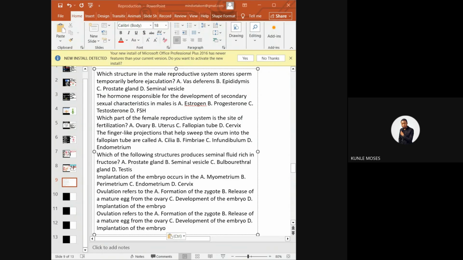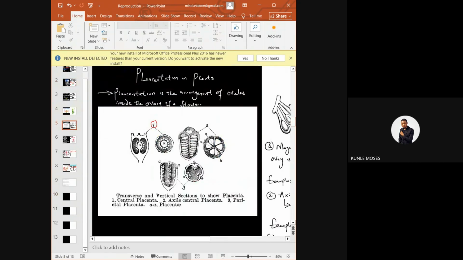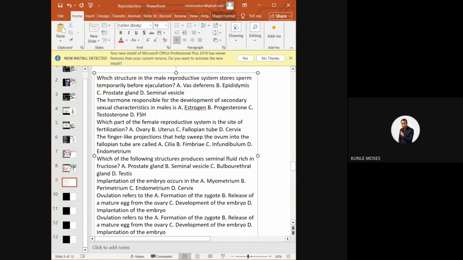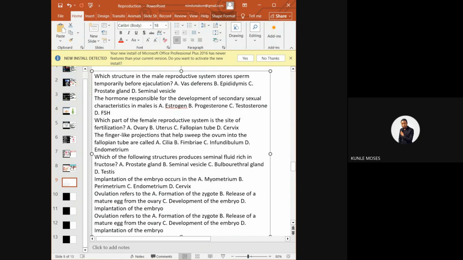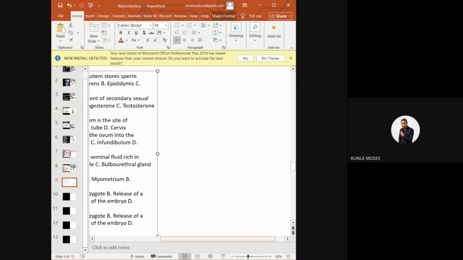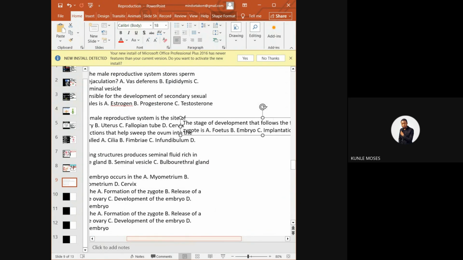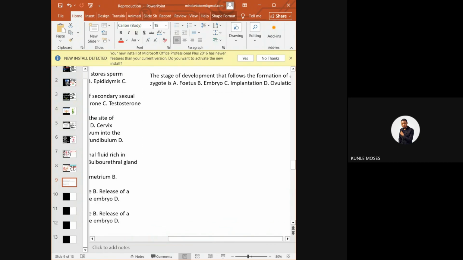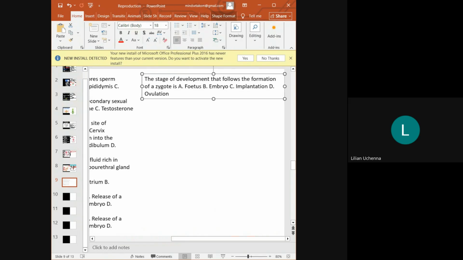The stage of development that follows the formation of a zygote is what? Embryo.